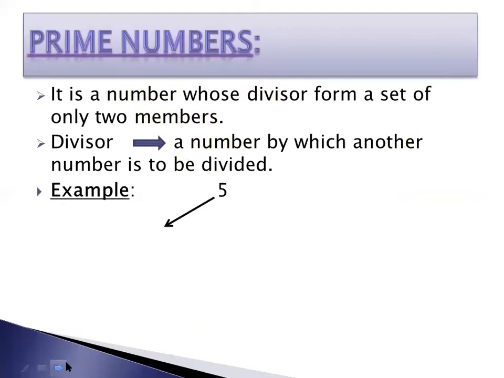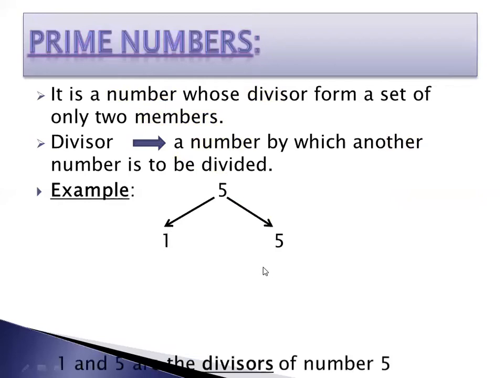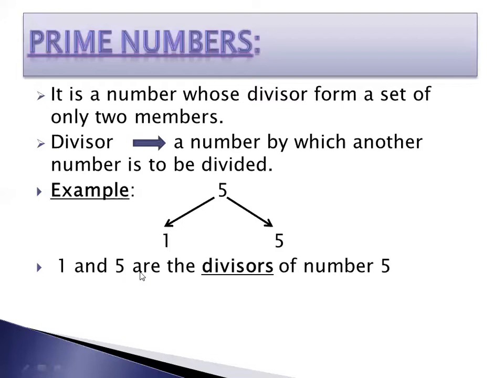Now the example is 5. So 5 can be divided by only two numbers, 1 and itself. That's why 1 and 5 are the divisors of number 5. If you want to divide 5 by 2, 2 into 2 is 4, and after subtracting you will get 1 as remainder.